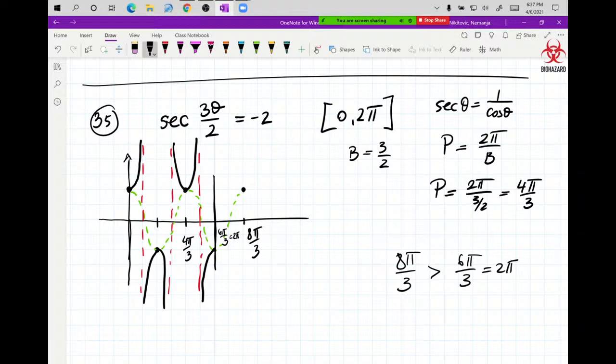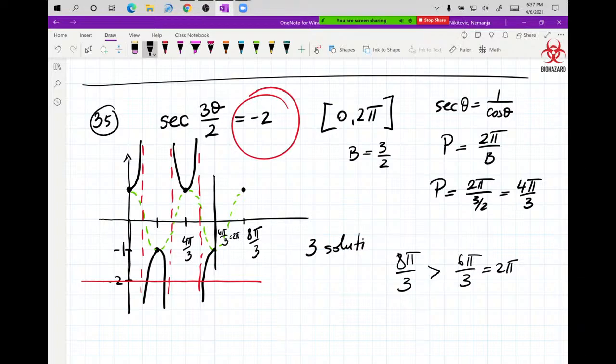Now, if this is my -1, my -2 is right here, and that's this side of the graph. When I graph that one, we see that we are looking for 3 solutions, just because the black line intersects the red line 3 times.